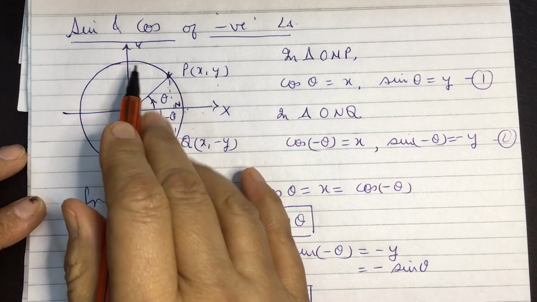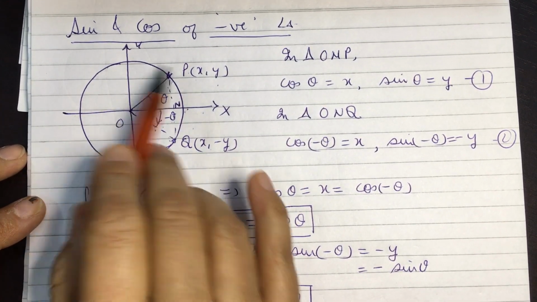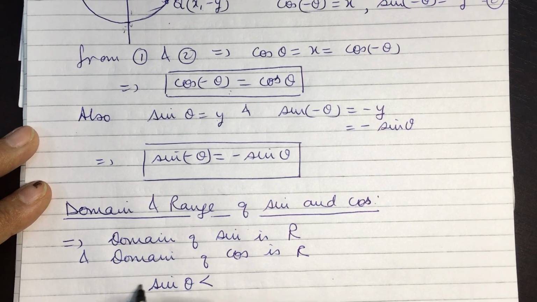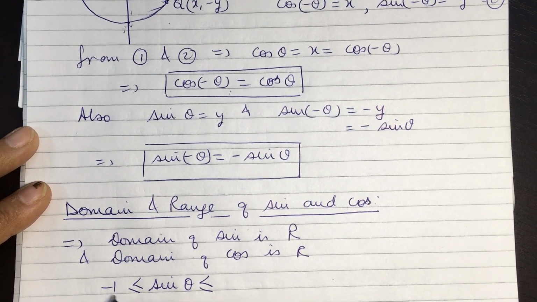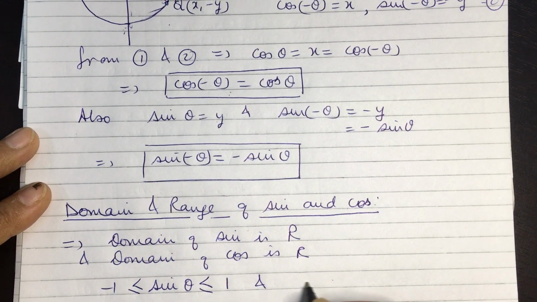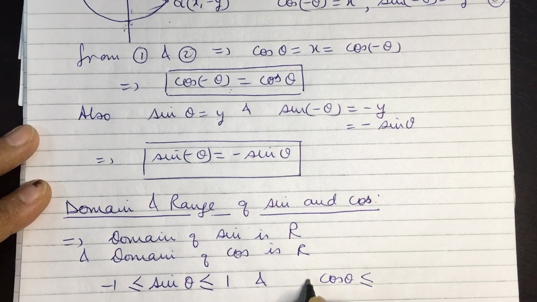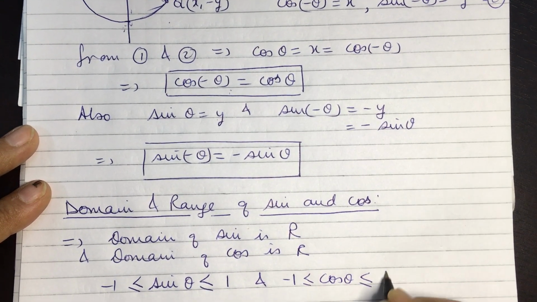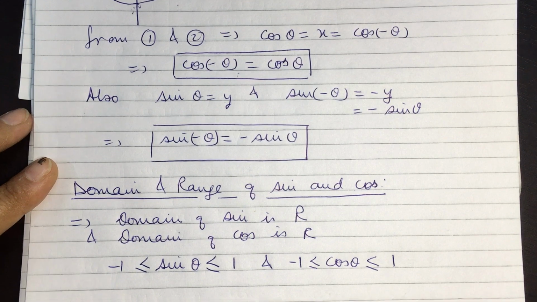It can't go outside this circle. So sine theta always lies between -1 and +1, and cos theta also lies between -1 and +1.